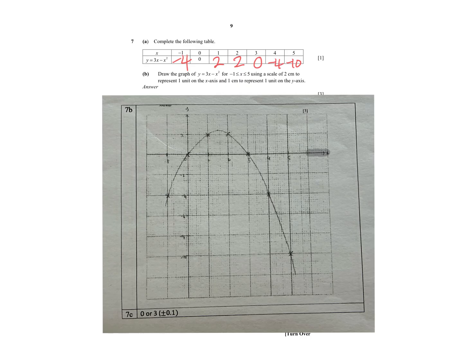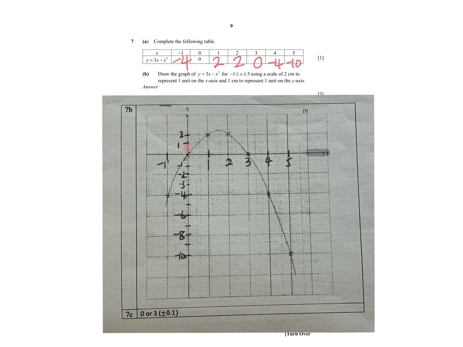So one small box is 1 unit. Okay, this one small box is 1 unit. So if you look carefully, this is 1, then 2. This is minus 1, minus 2, minus 3, minus 4, and so on. Okay? So this is your negative 1, then 1, 2, 3, 4, 5.